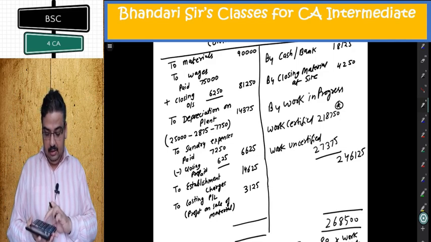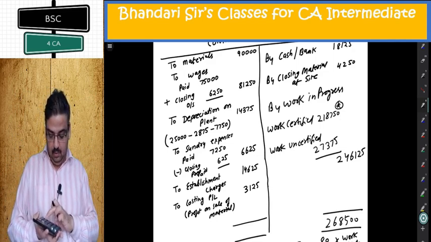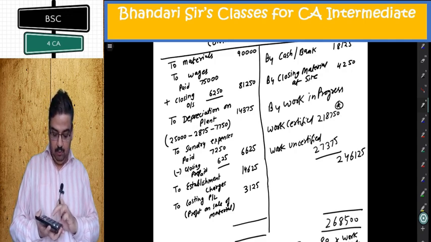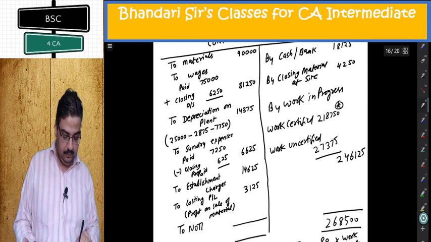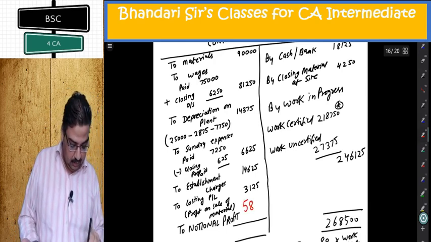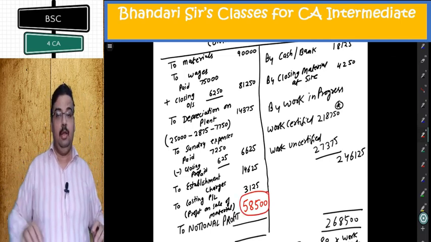On debit side, 90,000, 81,250, 14,375, 6625, 14,625, 3125. This is to notional profit. This is the answer of this side, 58,500 balancing figure. This is notional profit here.